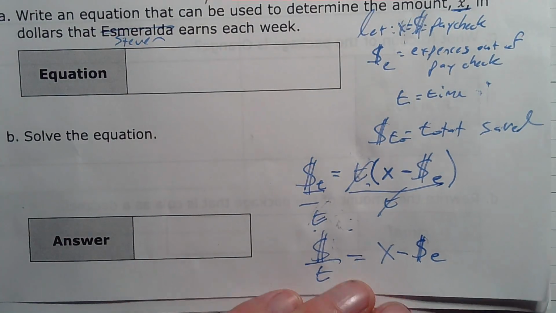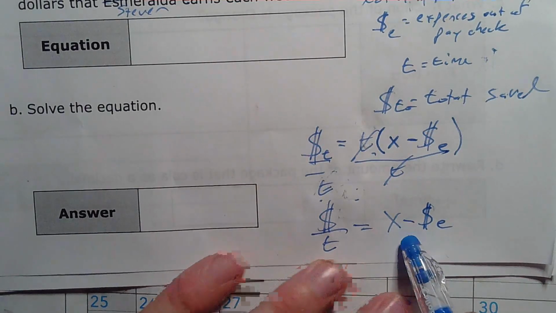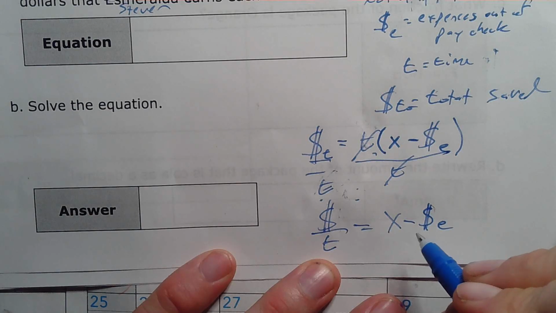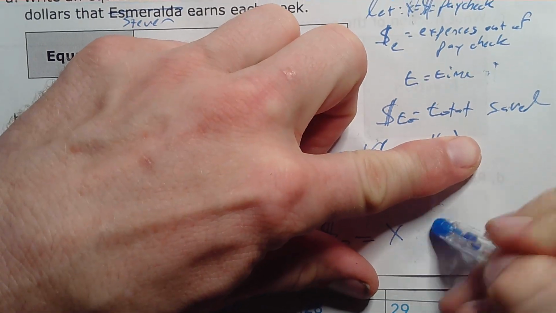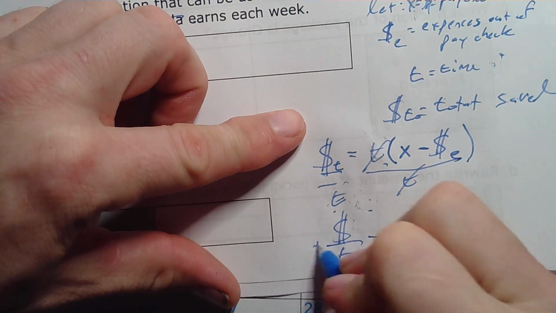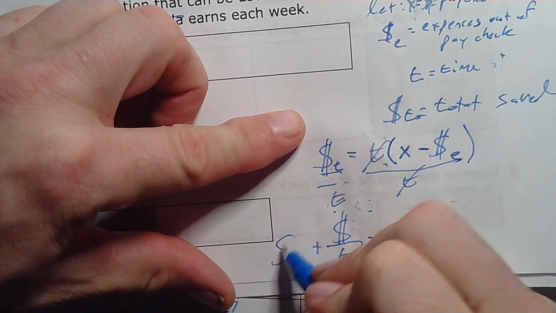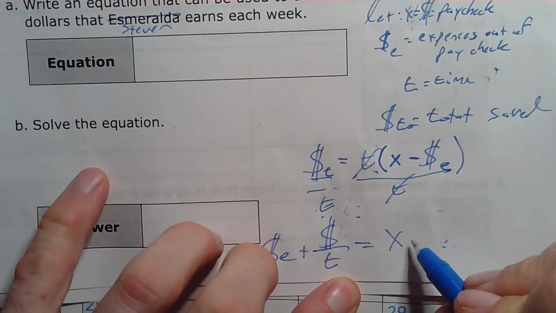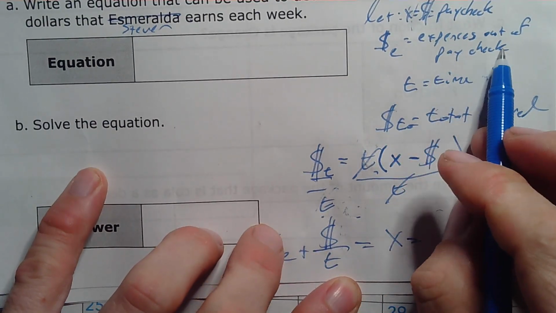Okay, so now just to get X all alone, I have to add expenses to both sides. If I add it to this side, it goes away. And if I add it to this side, to balance the equation, so it's plus expenses. So this is what X equals, also known as the expenses out of pocket.